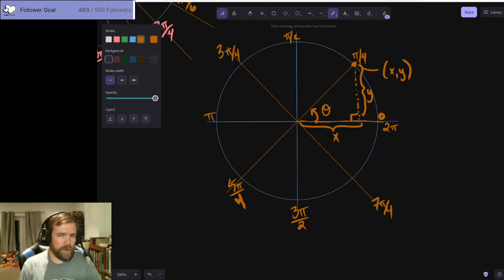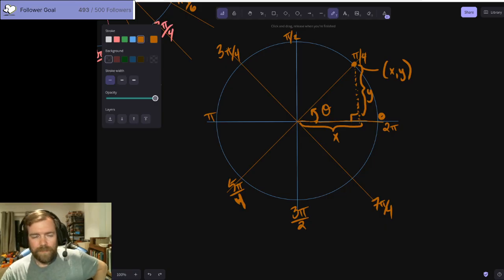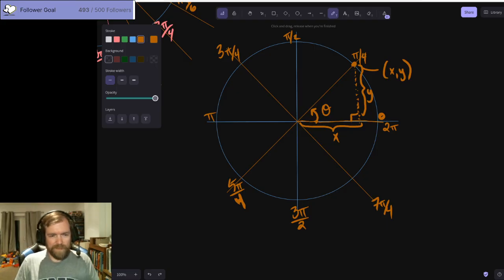What do we know about 45-degree angles when there's a right angle in the triangle? Right, this is an isosceles right triangle. It's perfect.